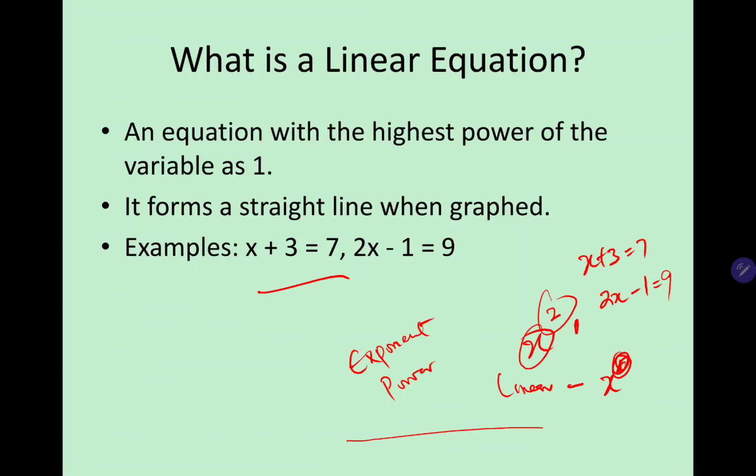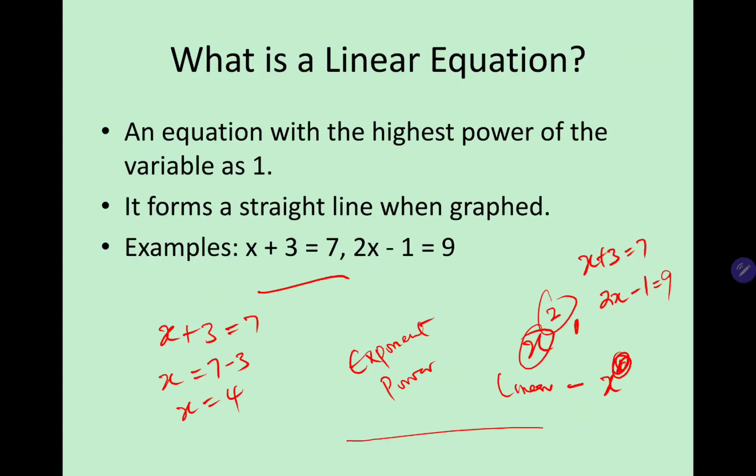You just make x the subject of the formula. So we say x plus 3 is equal to 7. You find x is now equal to, you take matching terms, 7 minus 3. Remember I told you in previous classes that when an integer crosses over the equal sign, the sign changes. So we have x is equal to 4.